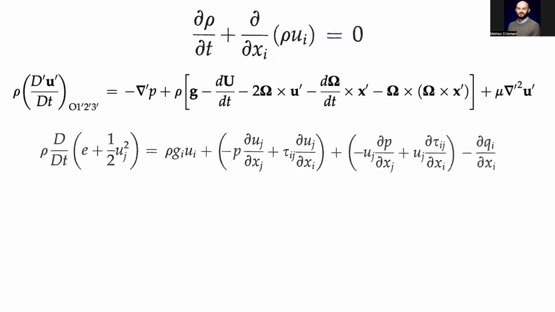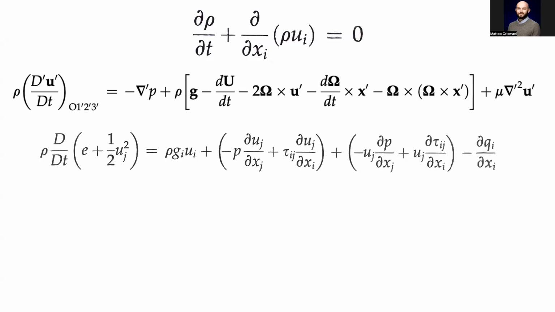In order to get these dimensions to work out, we do something like this. But if you look carefully at that, you see the rhos are top and bottom. The terms are quite similar when you write them out the first time. And so you end up with something like U divided by C. And this is the Mach number.